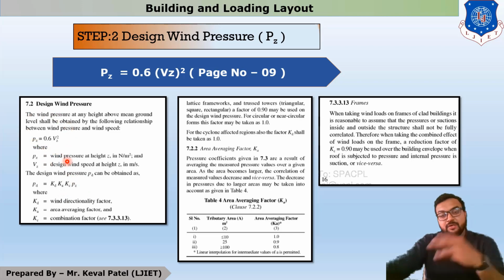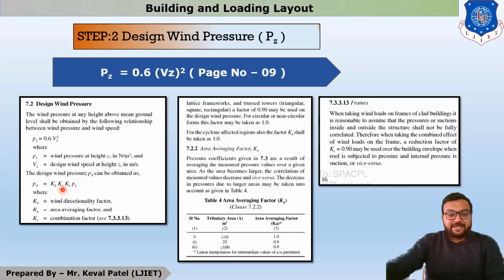Now our other three unknowns are KD, KA and KC. Our first unknown, KD, is generally in the range of 0.9 to 1. But whenever there is no clarification, then you have to take the value of KD as 1.